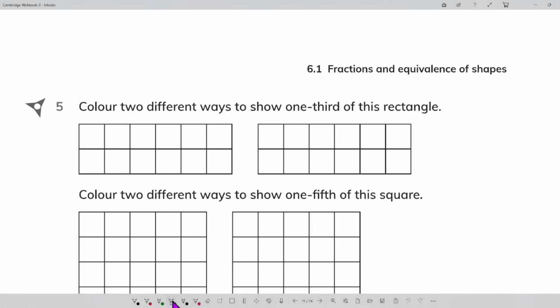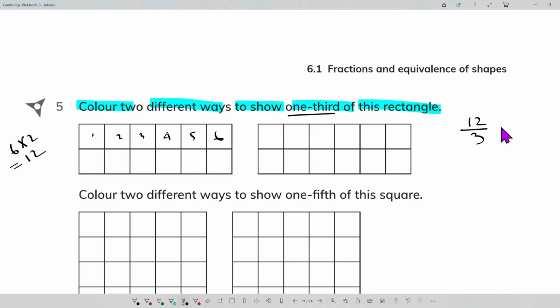Next it says color two different ways to show 1/3 of this rectangle. First we have to count. Look, 1, 2, 3, 4, 5, 6. It means 6 times 2 is 12. And it mentions 1/3, so 12 divided by 3, we will color 4 squares. We can do it in two different ways.